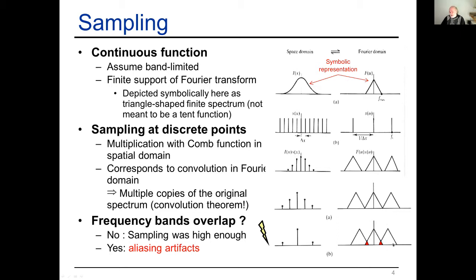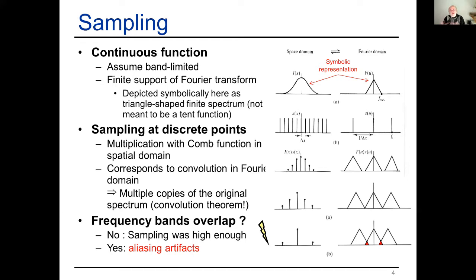We do get into issues if they start to overlap, right? Because now I'm mixing the high frequency of one of the copies into my original frequencies. And there is nothing I can do to get rid of this error. This is actually aliasing. This red part here, where those frequency bands of the copies overlap with the original frequencies of my Fourier transform, I cannot undo this error, right?